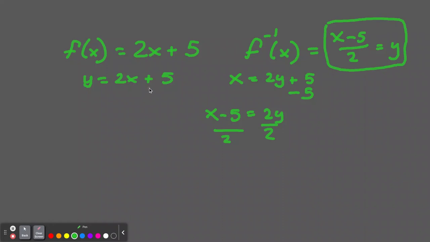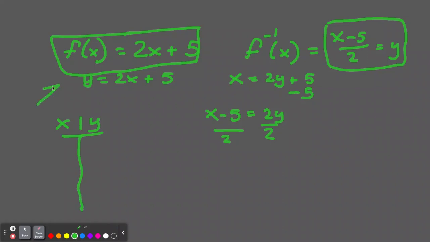So how do we know that it's an inverse, and how do we know it's invertible? Well, let's take the domain and range box over here for the original function, this one. We'll change the color to white. And let's say x was 0. So if x is 0 in this function right here, 2 times 0 is 0, we know y is 5. So let's make an x and y box over here.